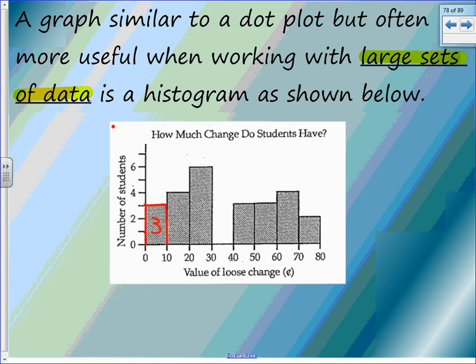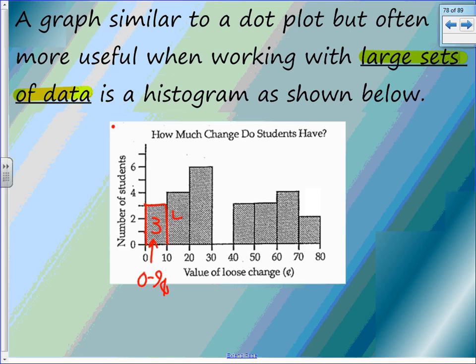What this means is 3 students have between 0 and up to, but not including, 10 cents. Okay? So this represents the 3 students that have 0 to 9 cents. So that bar goes up to, but doesn't include, the 10.